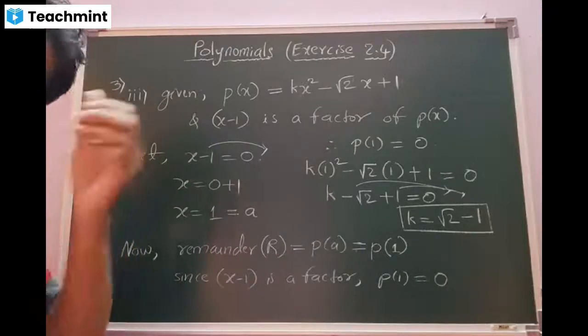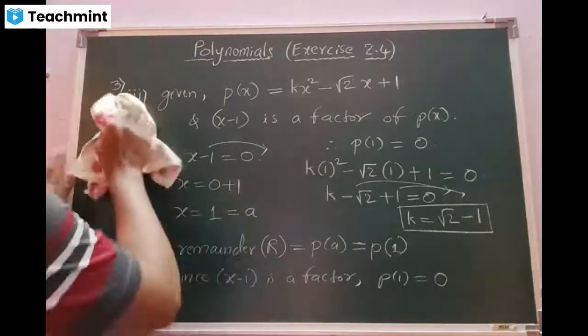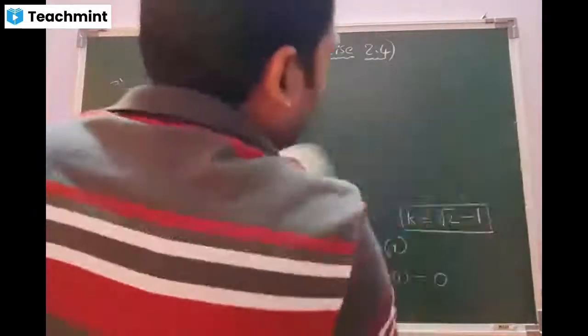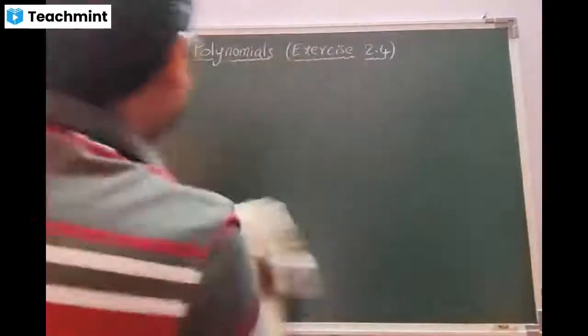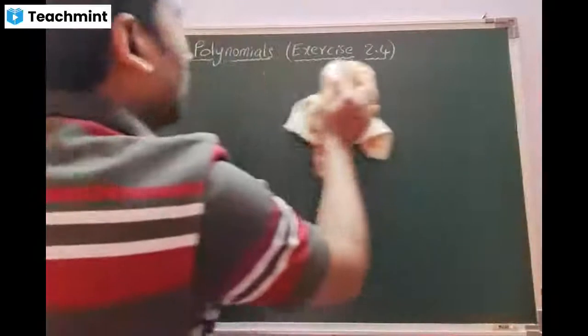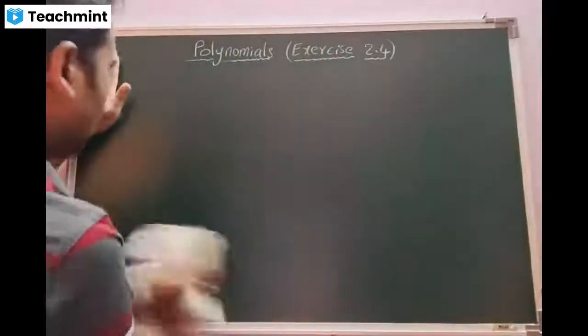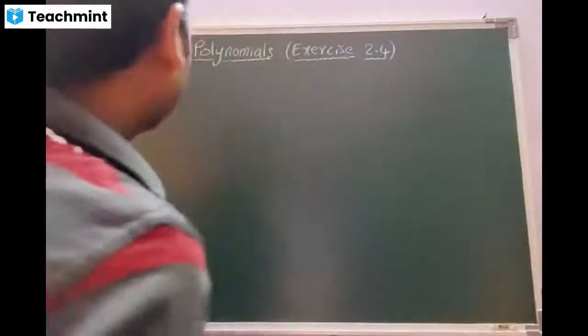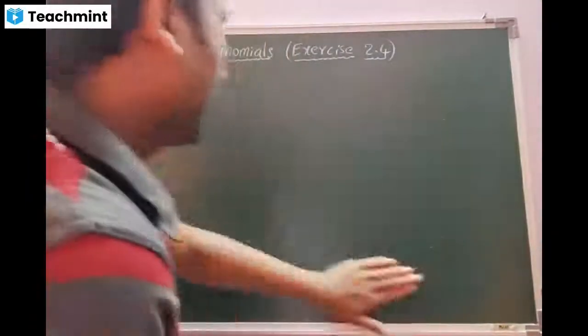Veda, read the fourth main, beta. Factorize the first one: 12x square minus 7x plus 1. Okay, beta, let us see.